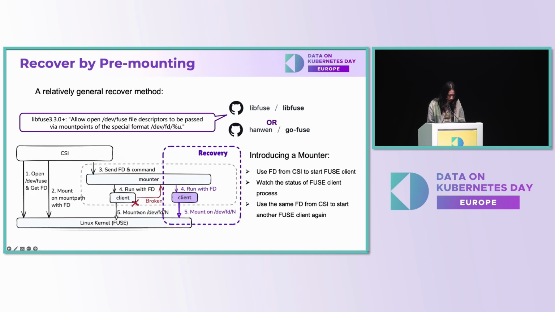So when the client crashes and the mount point is broken, the mounter will restart the clients immediately with the same FD again. During the recovery process, no new mount points are created, and there is no residual mount point issue. Also, this is a relatively real-time solution.